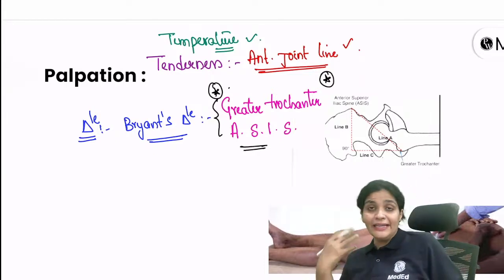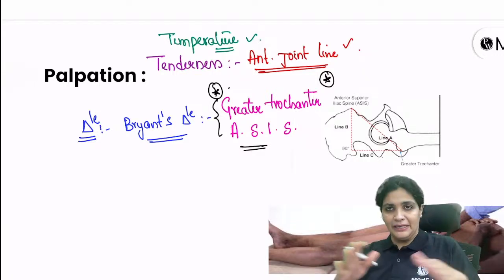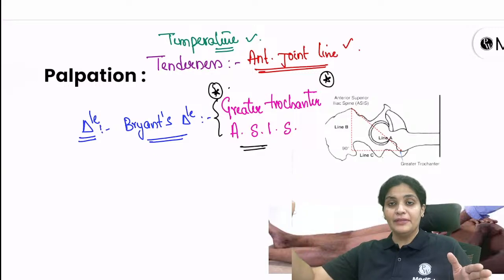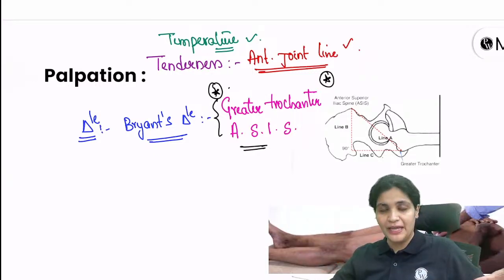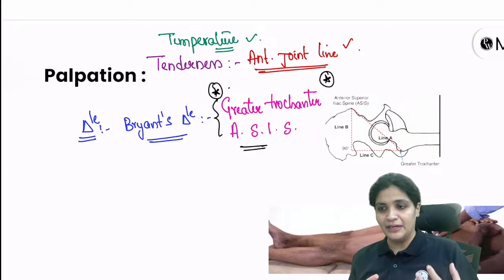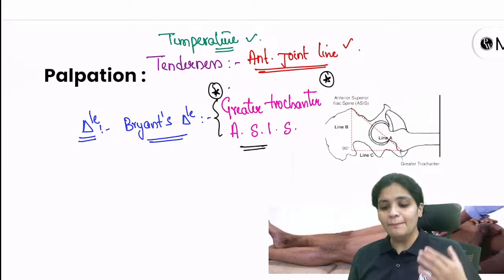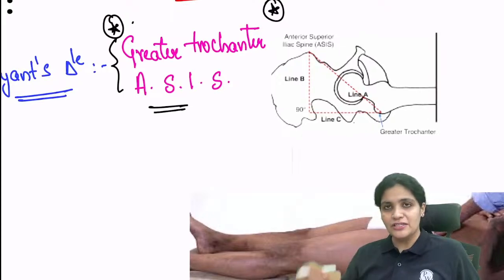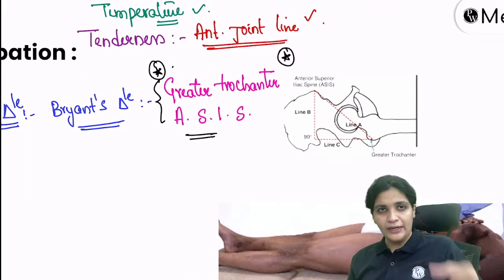Whenever you are dealing with a case of the hip joint, you have to completely expose the part, from above the umbilicus to the feet, properly covering the perineal region, right? The patient may be uncomfortable while we are examining, so take proper consent, and then you start palpating the anterior joint line tenderness. That is usually below the inguinal ligament. There you palpate for the joint line tenderness.